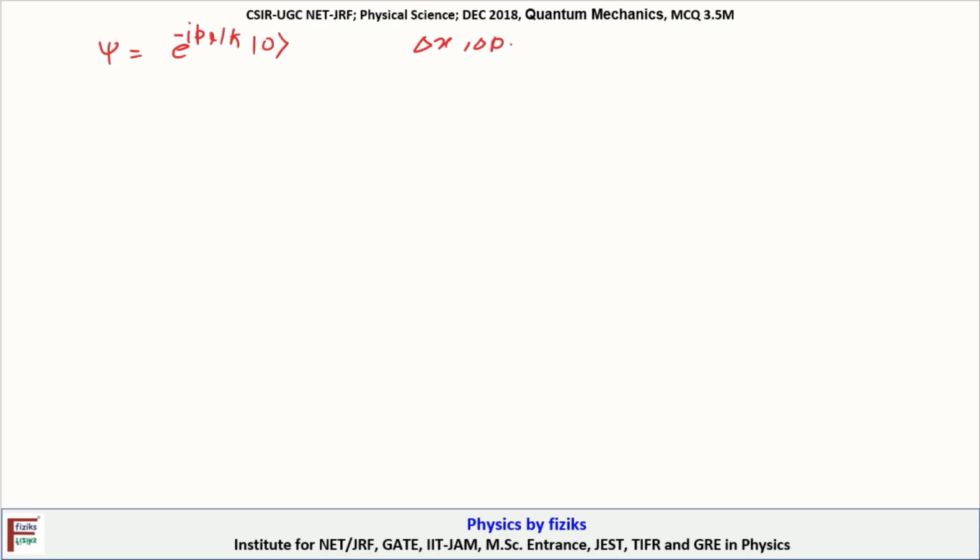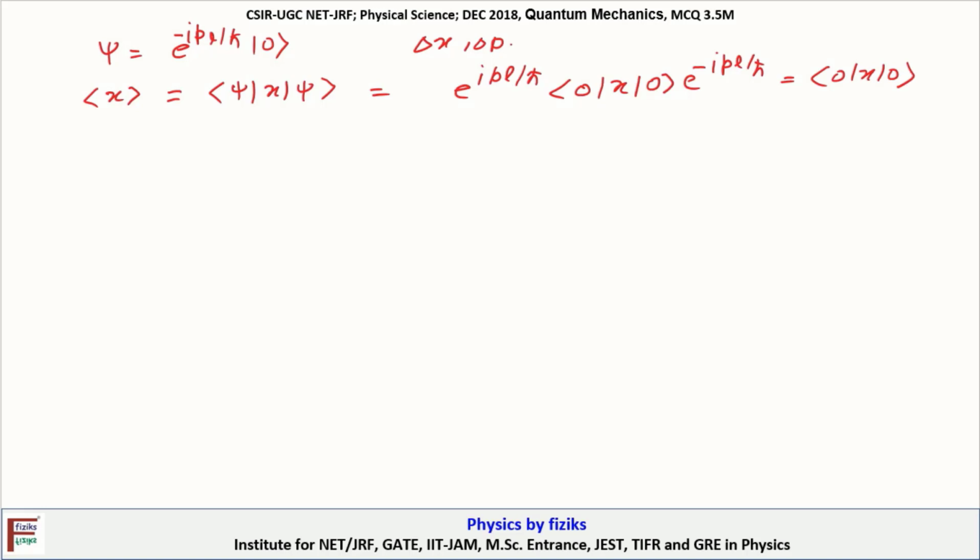So let us check what would be the change in x for this psi. If I take the expectation of x in this state, we get psi 0 e to the power i p l by h cross, x, psi 0 e to the power minus i p l by h cross, which is equal to 0.